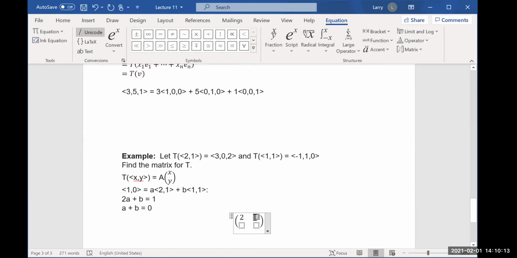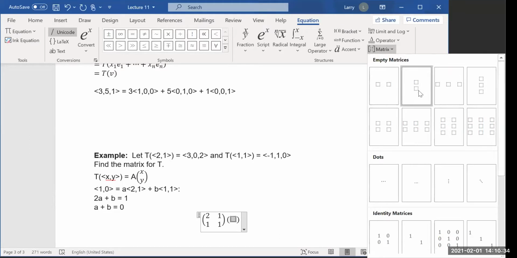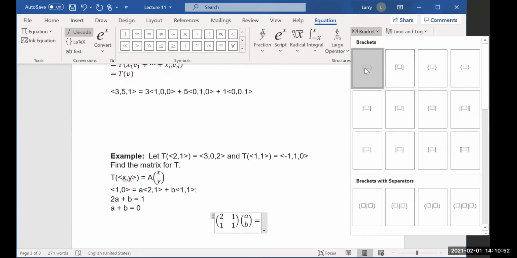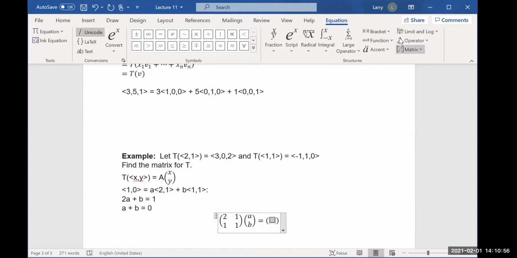I think I'll do (2, 1), (1, 1), times (A, B) is equal to (1, 0). Any questions on how I turn this system into a matrix equation?